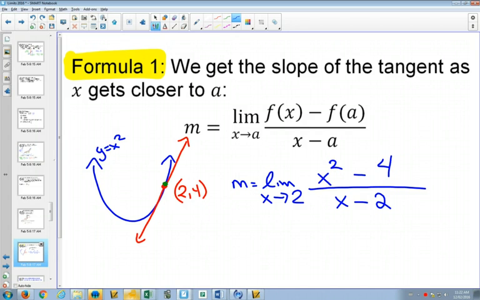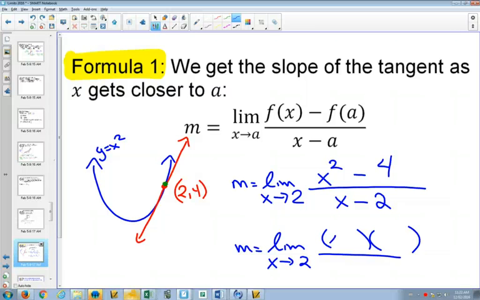So any strategies for determining this limit? Factor the top. It's a difference of squares. And how does that help us? Yeah, we can cancel those out.